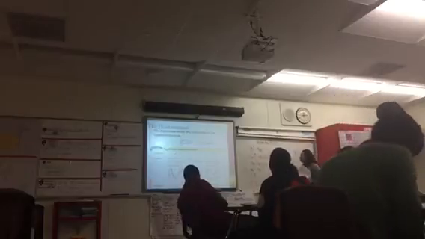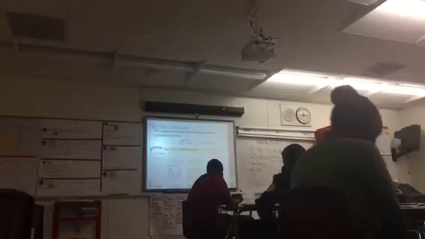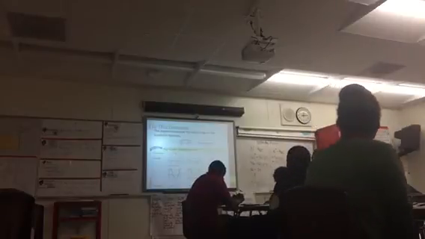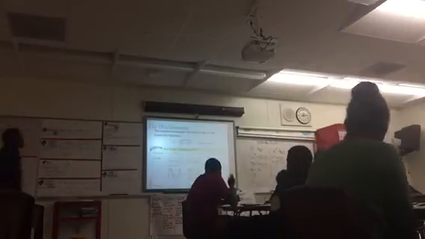Two. If the discriminant, b squared minus 4 times a times c, is equal to 0, how many solutions do we have? One. If b squared minus 4ac is less than 0, how many solutions do we have? No solutions.